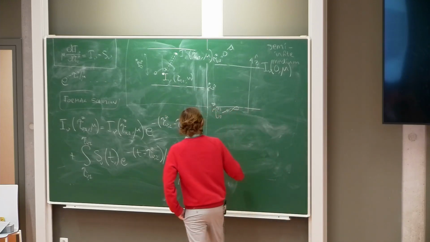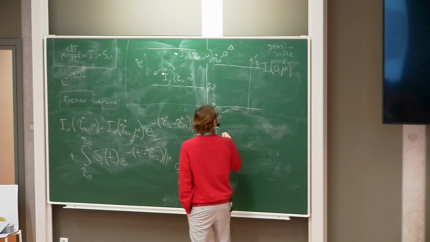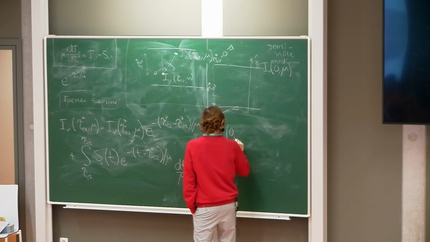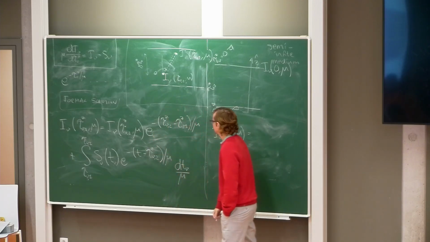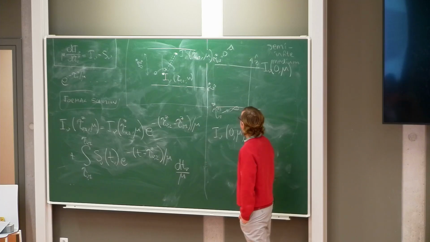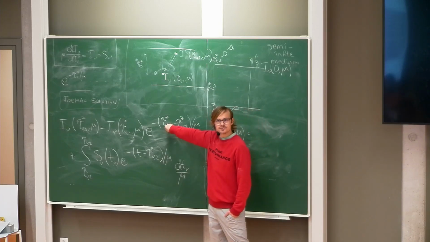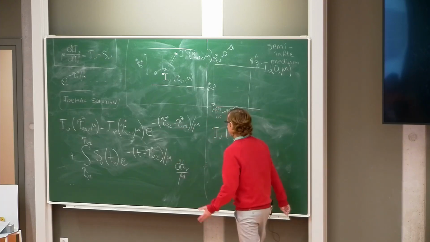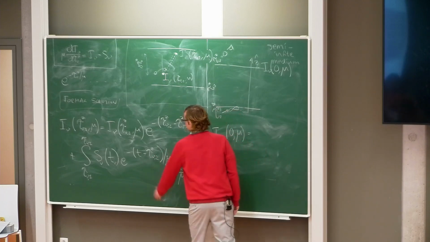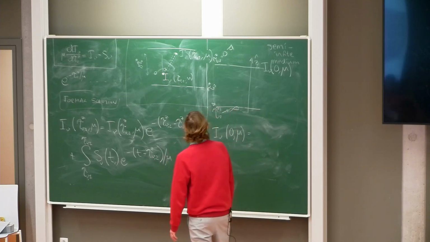We put this in, then I nu of 0 mu, then we can see that the first term is actually going to be 0, because this one is 0, but this one goes to infinity in the semi-infinite case. So we're not going to get any contribution from here. So the only thing that we're going to get is this one over there.